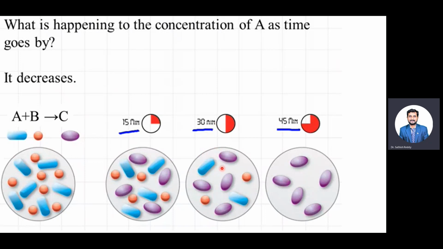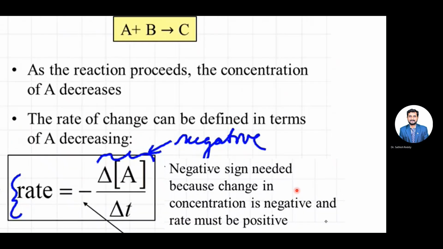After 30 minutes, you can see A and B reactants are decreasing and the product is increasing. After 45 minutes, you can see that A and B are fully converted into the C product. Like that, the concentration of A decreases with respect to time. As the reaction proceeds, the concentration of A decreases.